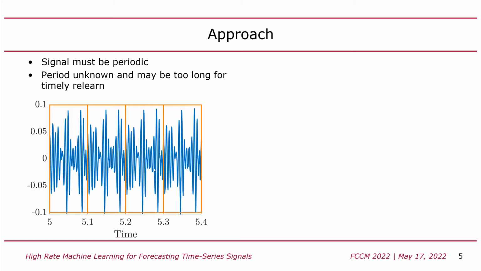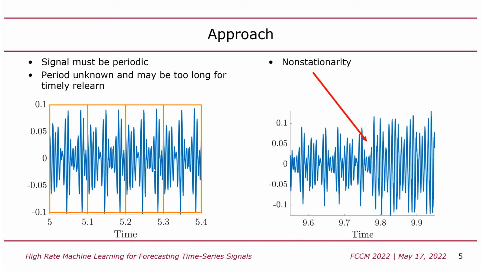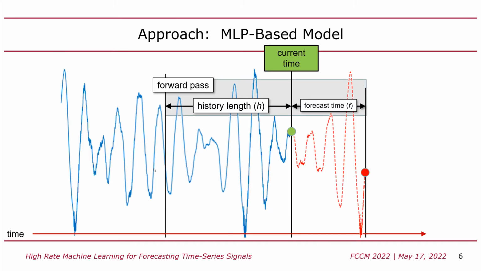And also, even if we did, that period would impose a lower limit on the retraining time. And also, the period may change unexpectedly whenever you have a change in the signal dynamics, which we refer to as a non-stationarity.